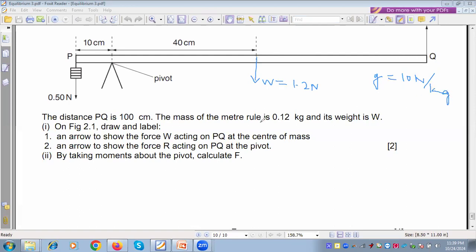As this was the paper of 2019, if we take 9.8, then 0.12 mass times 9.8 is 1.176 Newton. In order to keep the answer in two significant figures, this will be rounded off and this will be 1.2. Now, the arrow to show the force R acting on PQ at the pivot. So the pivot will be applying an upward force here.